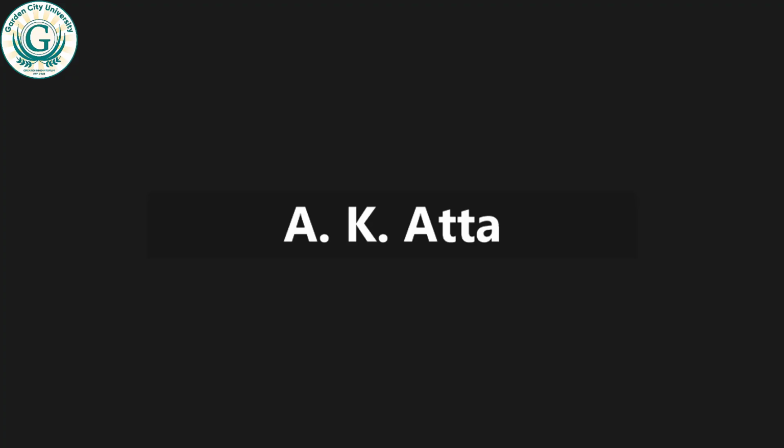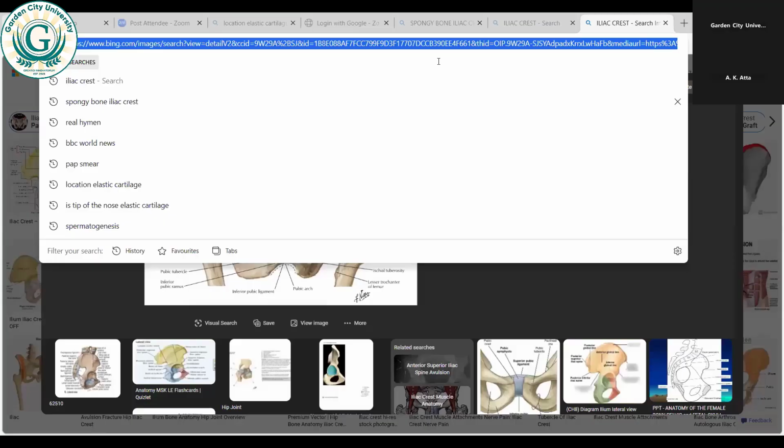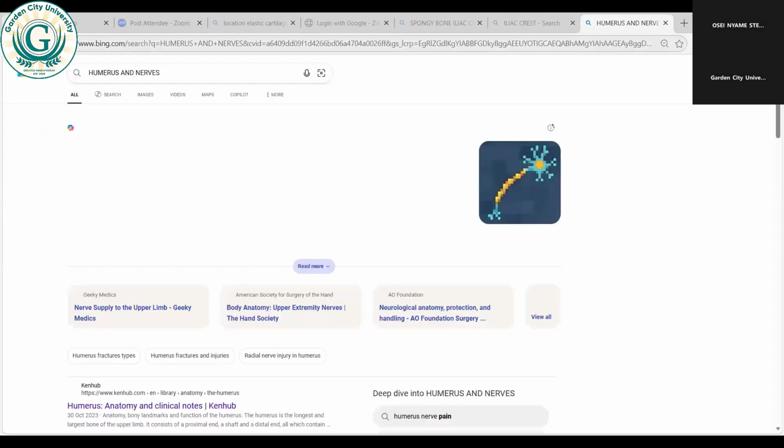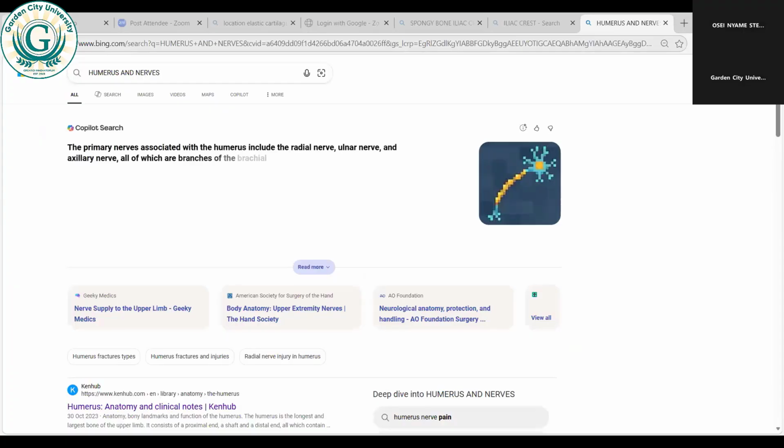Let's look at some relations that I want you to know with respect to when there's a fracture. Now let's look at the humerus and nerves. So when there is a fracture of the humerus, there are some nerves that you have to know.